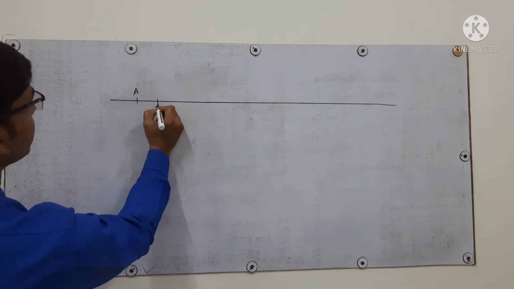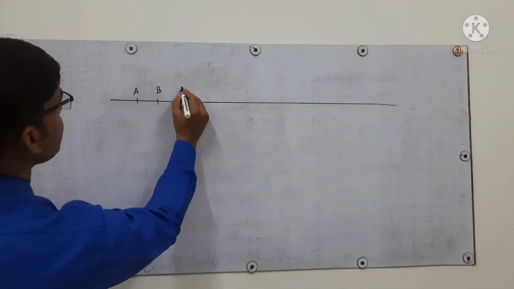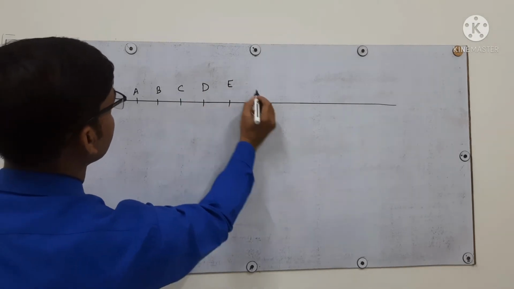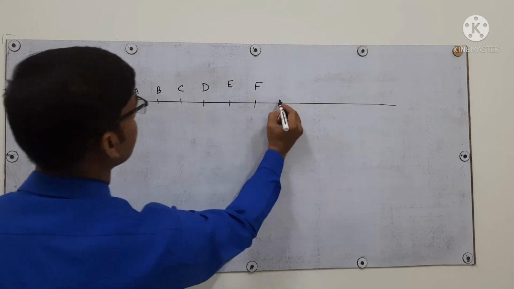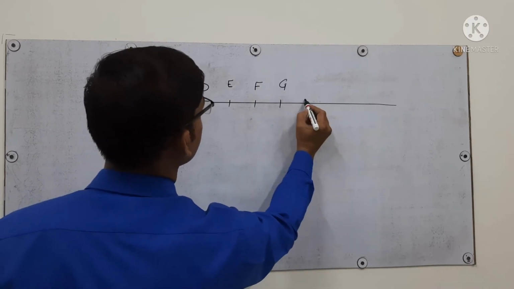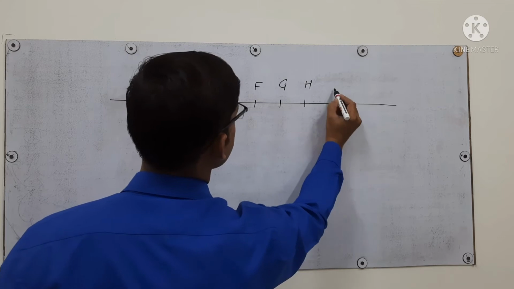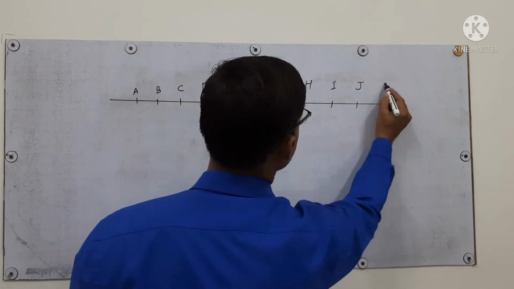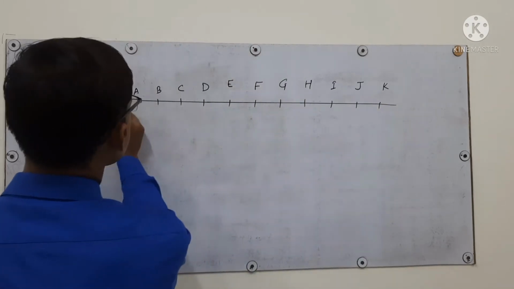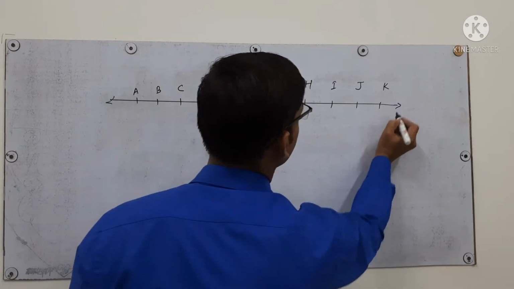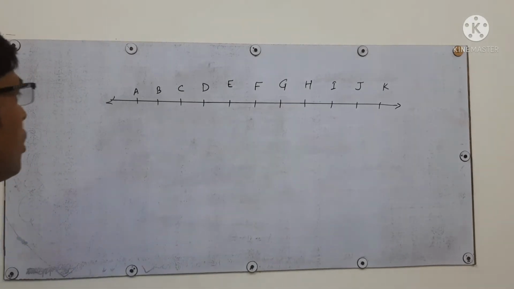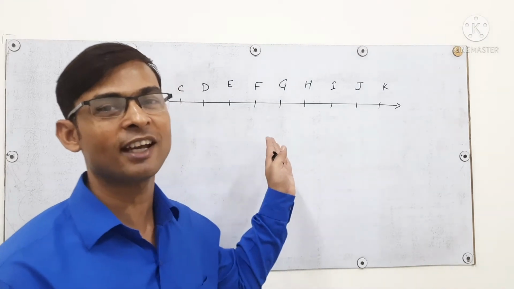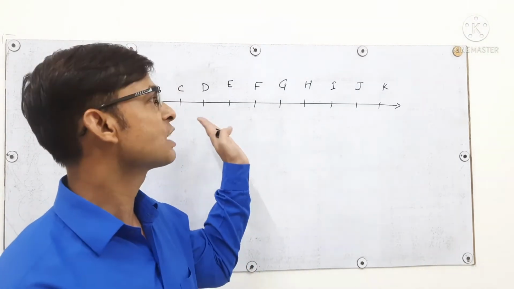Suppose this is A, this is B, this is C, this is D, this is E, this is F, this is G, this is H, this is I, this is J, this is K. Okay, so this is a line and on this line we have marked some alphabets at a given interval.